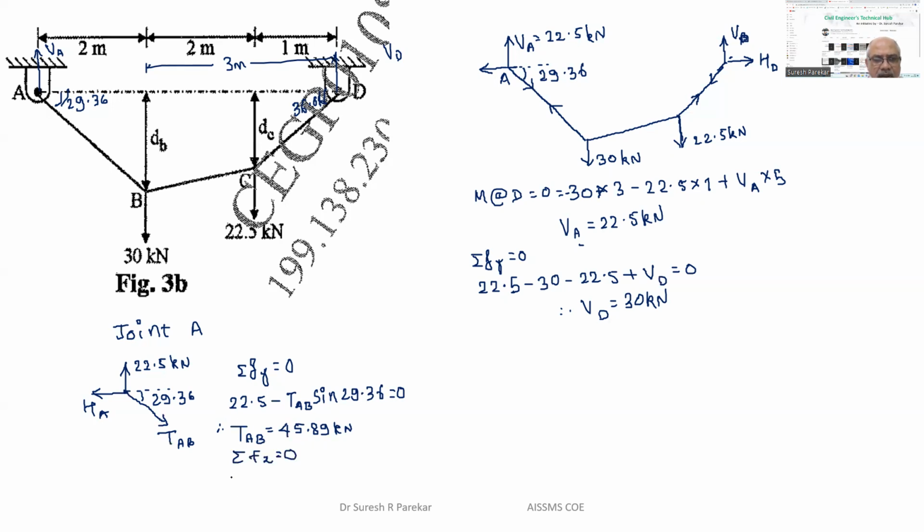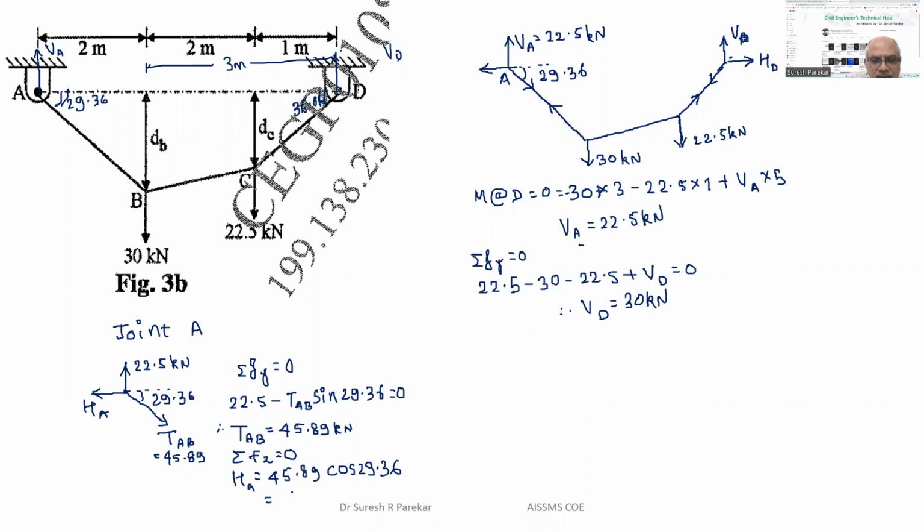Now HA we can find by considering summation Fx equal to 0. TAB we have 45.89, so HA equals 45.89 cos of 29.36, and we get this value equal to 40 kilonewtons.